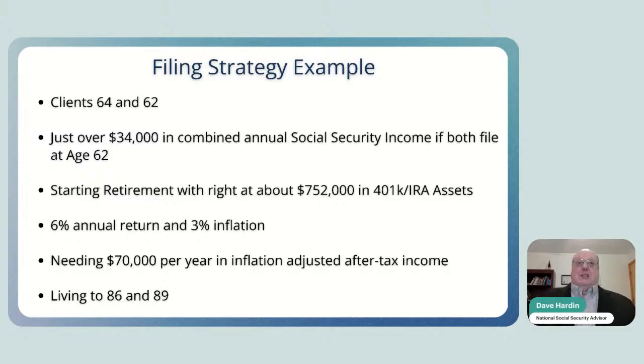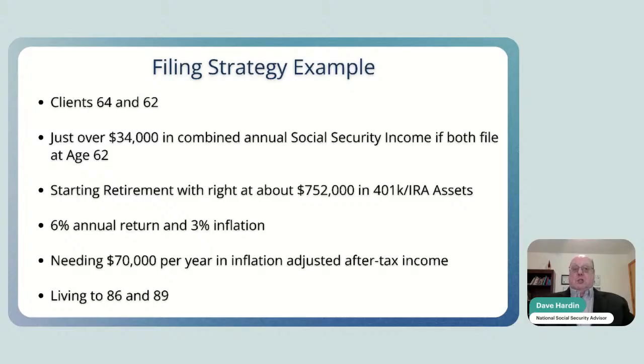And some of you are saying that's a ton of money, and I got it. They also have a running out of money problem. We're going to say they have a 6% annual return on their investments, 3% inflation. They need $70,000 per year in inflation-adjusted after-tax income. And we're going to say they live to 86 and 89.